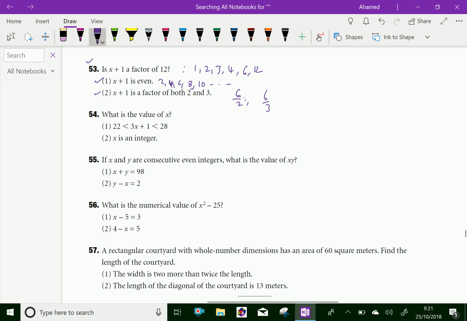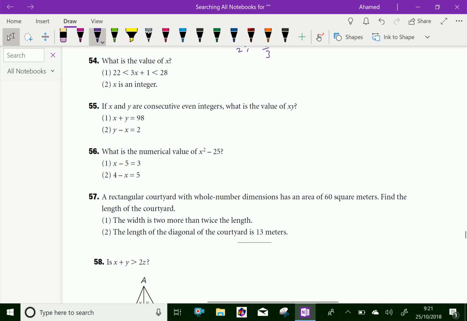That means option B is correct, which means statement 2 is sufficient to solve but not statement 1. So option B.